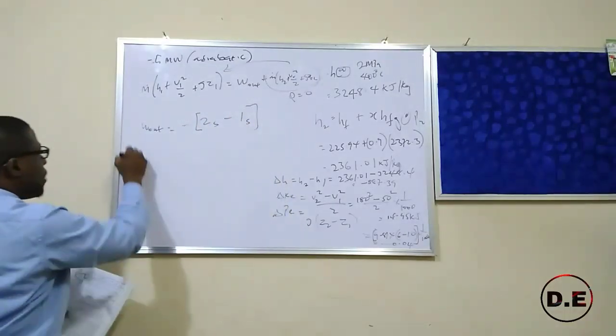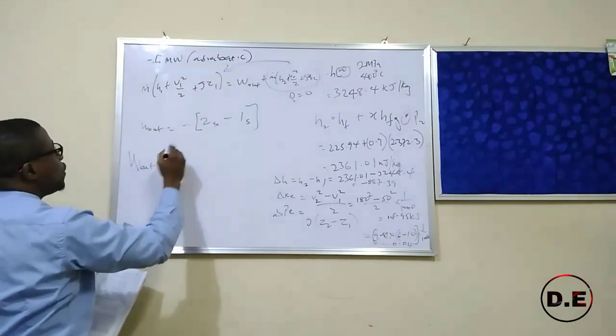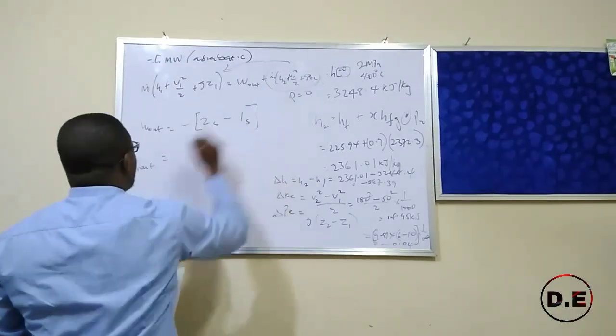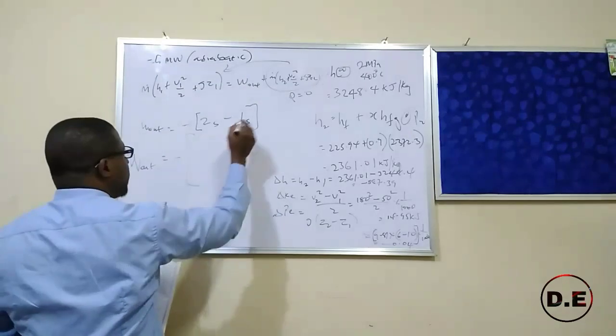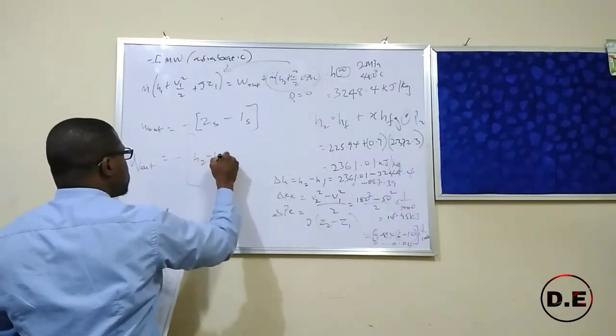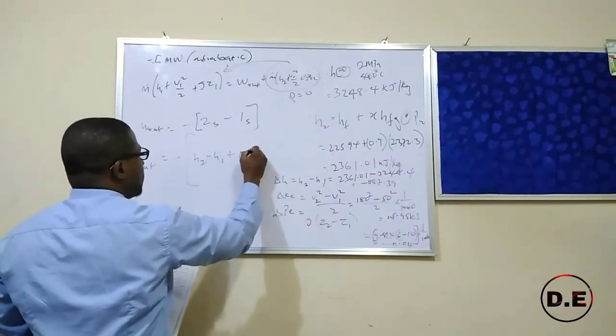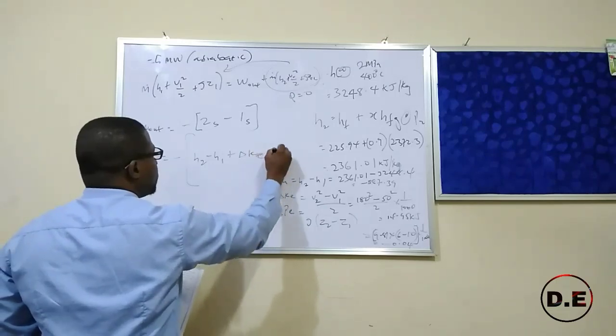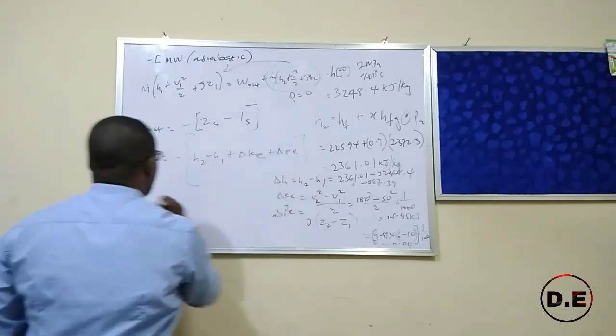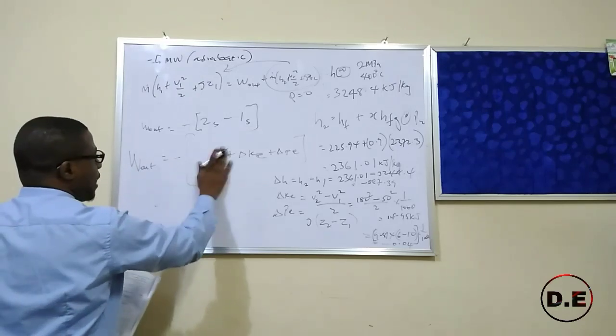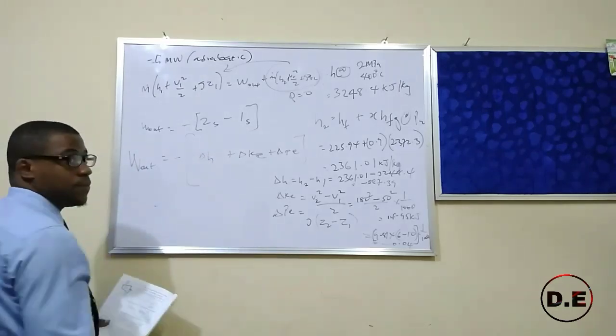If I do that, I will have work output equal to negative of bracket open H2 minus H1 plus delta KE plus delta PE. And if I put everything together, I call this delta H now.